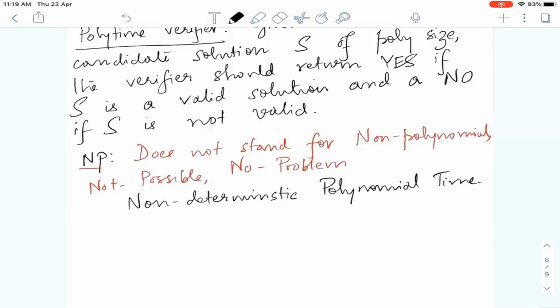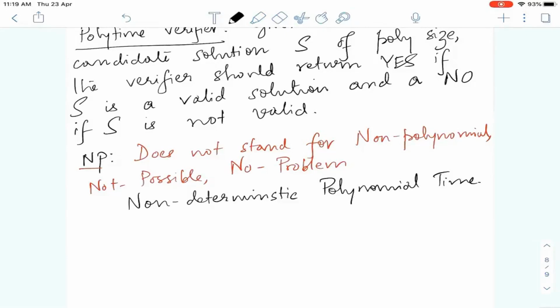This is a very crude sense; it's not at all correct what I'm saying, but just to give you a notion that if this verifier exists and you have a non-deterministic machine, then you will be able to solve these problems in real polynomial time. This is what this means.